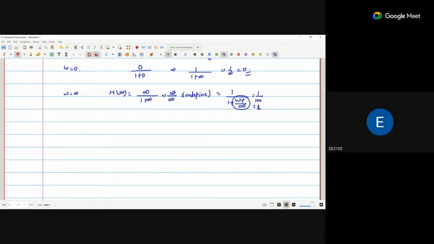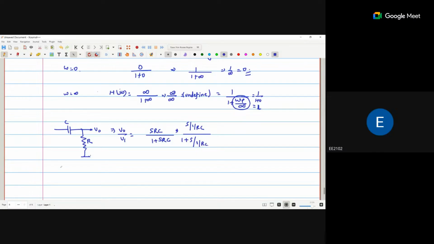Now, if you design the high pass filter with the RC circuit, your circuit should be R and C. You get V naught upon VI as S R C upon 1 plus S R C. Okay, so you convert it to S upon 1 by RC upon 1 plus S by 1 upon RC.